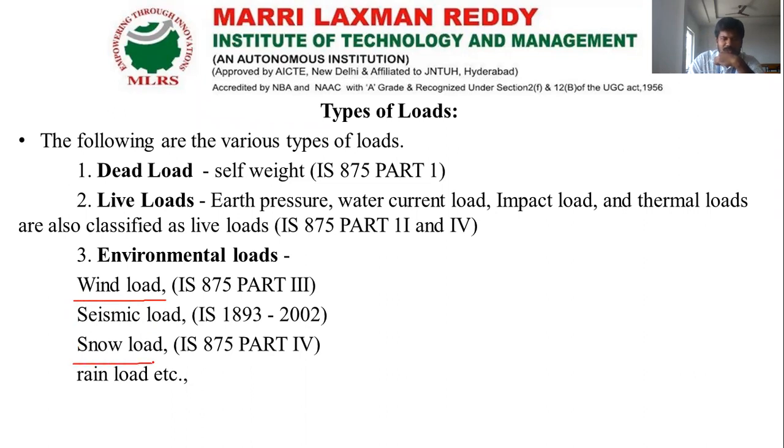Snow load we can have in North India, like the Himalayan hills. These things vary based on the location. Those we can get in IS 875 part 3, and part 4 is especially for snow load. So wind load, seismic load, and snow load. Seismic load we can get from IS 1893 2002.